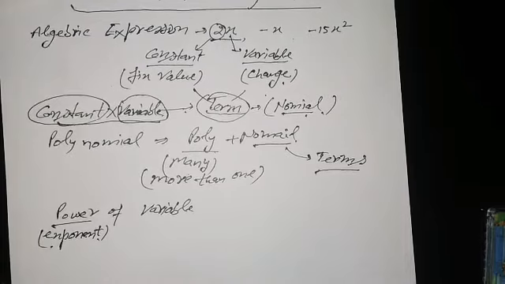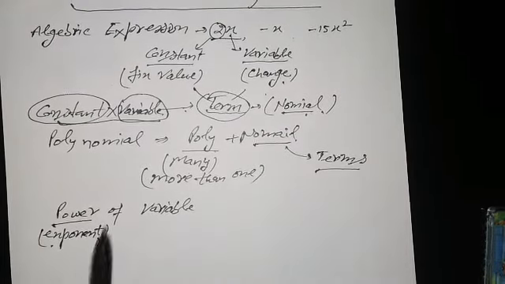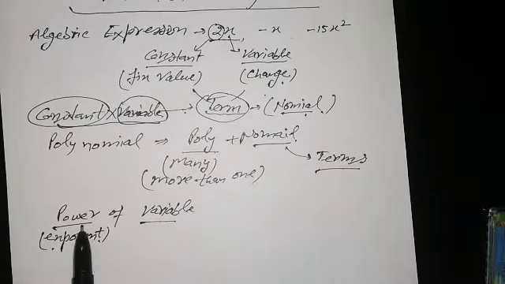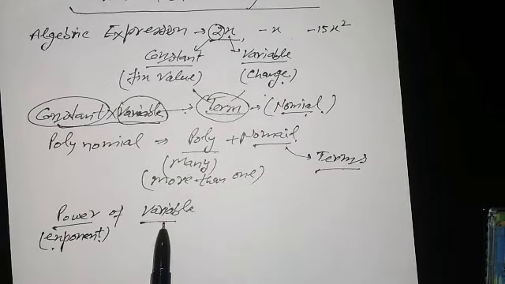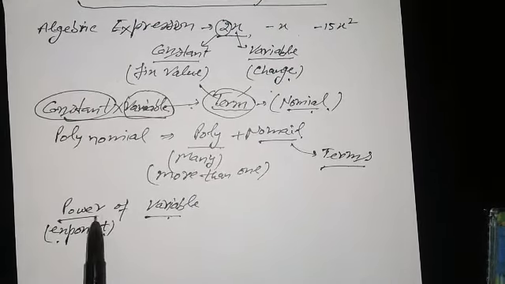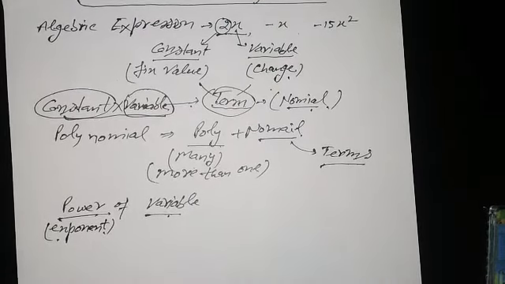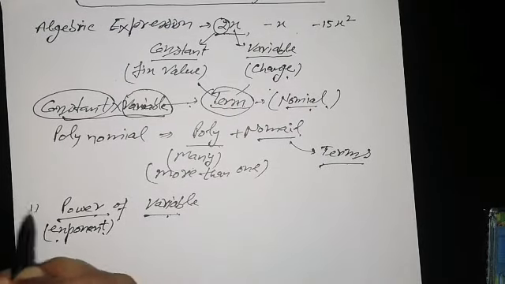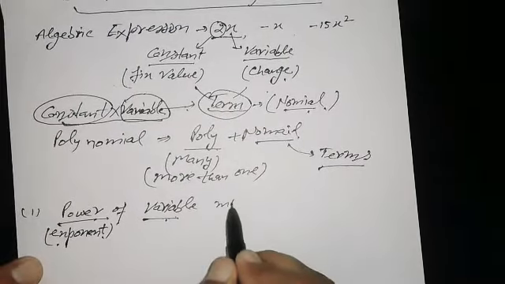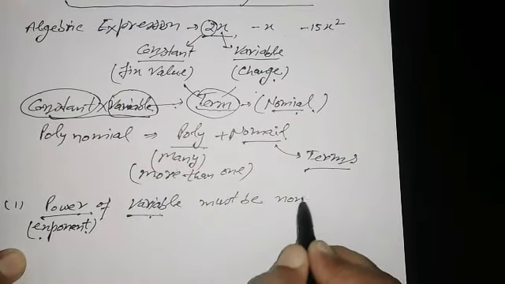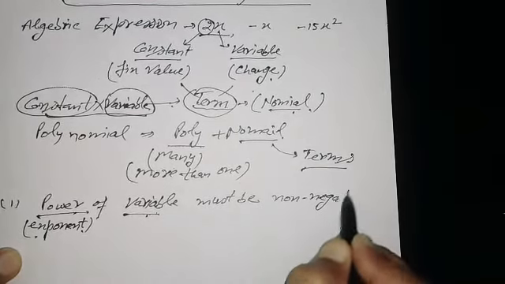So when you define a polynomial, you need some condition on the variable side. What would be the condition? The condition is that the power of variable must be a non-negative integer.